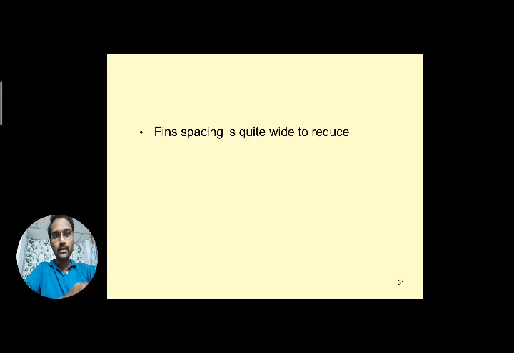And the next question, if you see, fin spacing is quite wide to reduce... So why the fin spacing? Already discussed that in a finned tube condenser, why wide space is given between the fins, why narrow space is not provided, to reduce dust clogging, right?